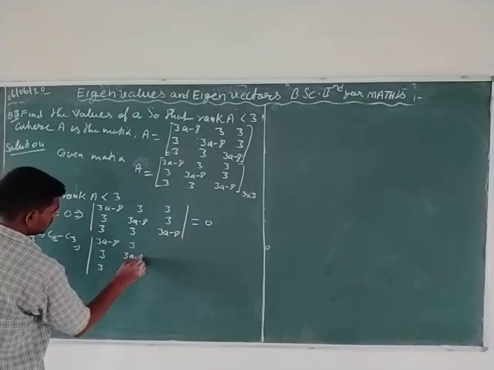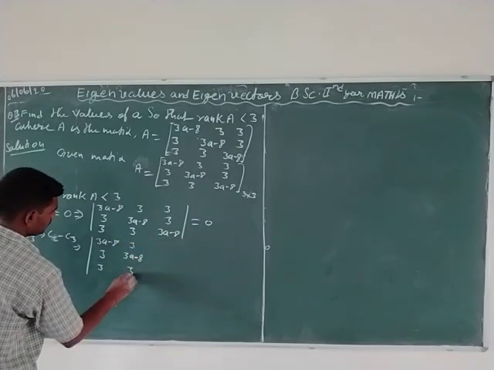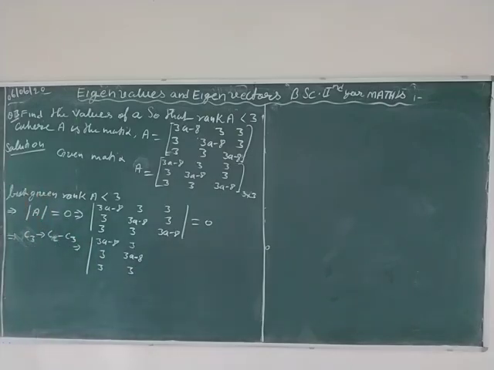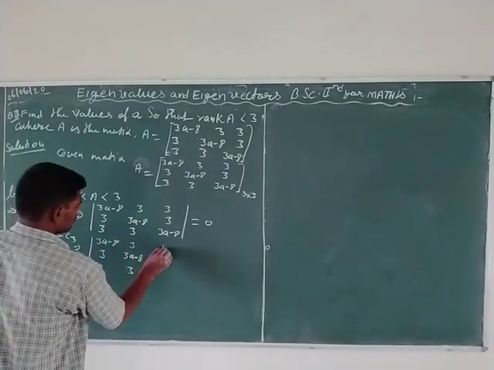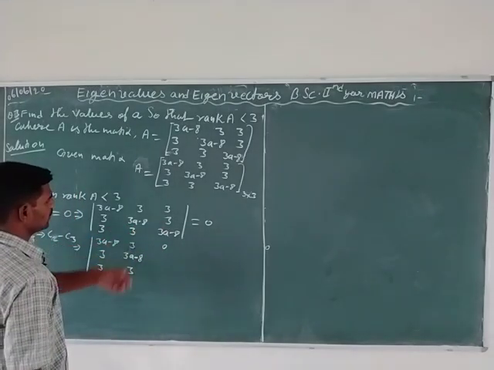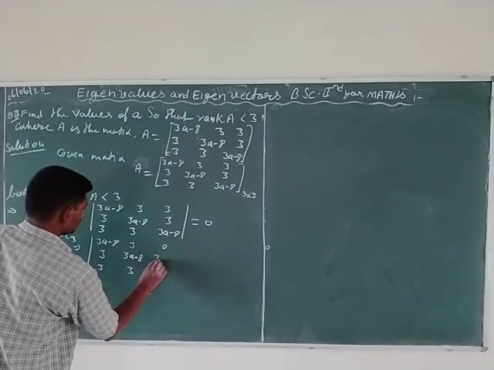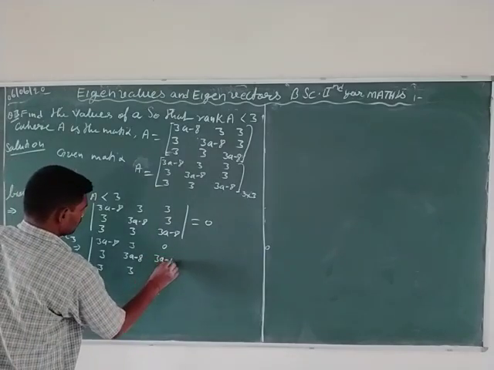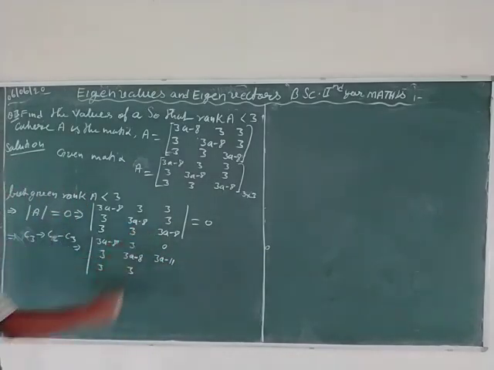3a minus 8 and 3. After this subtraction, 3 minus 3 is equal to 0, and 3a minus 8 minus 3 is equal to 3a minus 11, because 3a minus 8 minus 3 is equal to 3a minus 11.